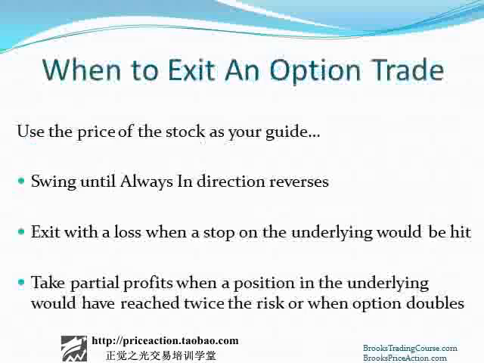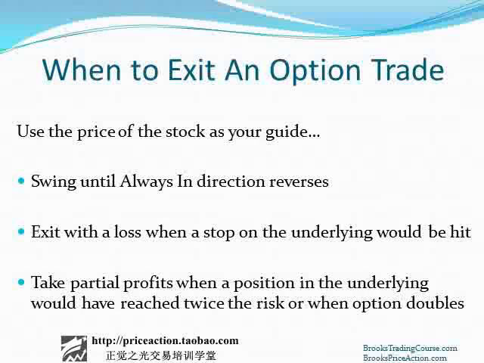When to exit an option? Usually when the position on the underlying tells you that the trade is over. So, for example, you stay in until the always in direction reverses, and if a stop on the underlying would have been hit had you taken the position in the underlying, then you just go ahead and exit the option immediately.